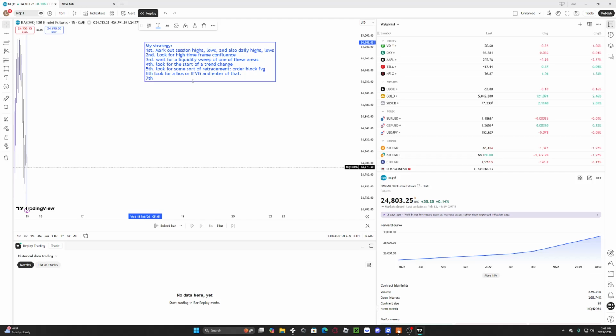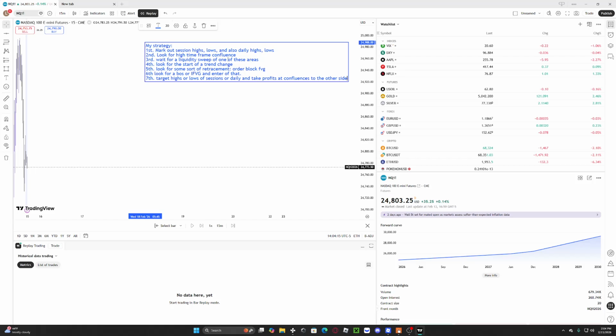Seventh, target highs or lows of sessions or daily, and take profits at confluences to the other side.